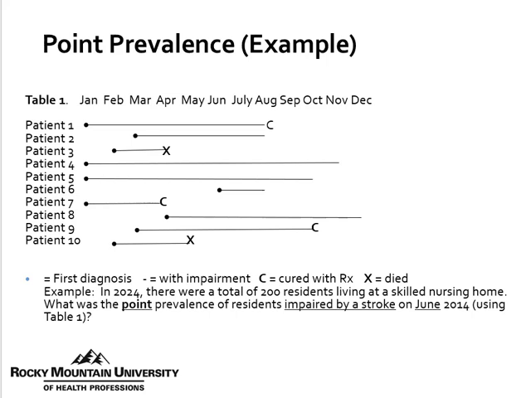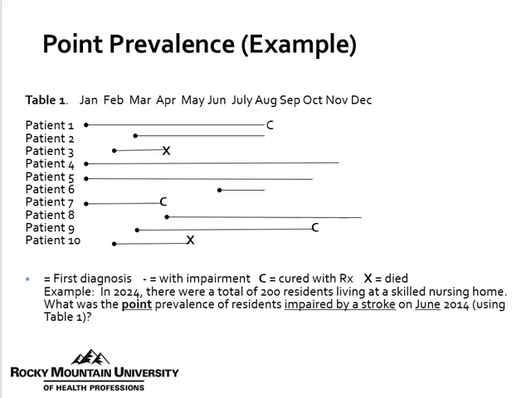But 10 individuals have experienced a stroke, and that's what's being represented by the 10 patients up there. The dot represents when they first experienced the stroke. The continuation of the line illustrates that they have an impairment due to stroke. The X means that they have passed on, and the C means that they have been cured or there has been some improvement in their symptoms.